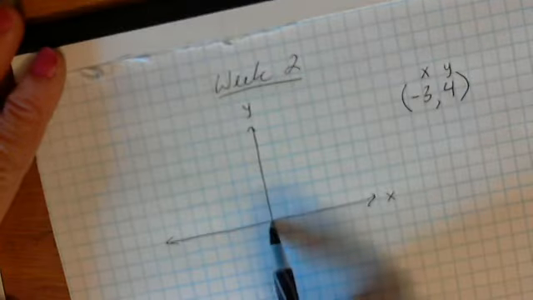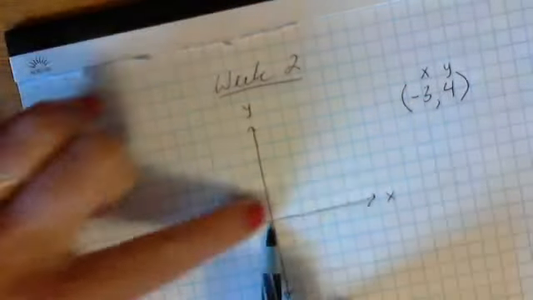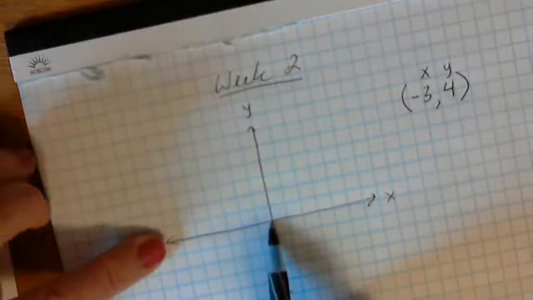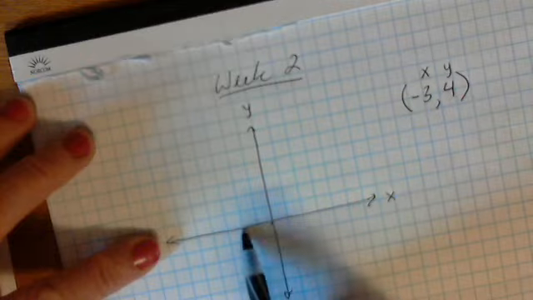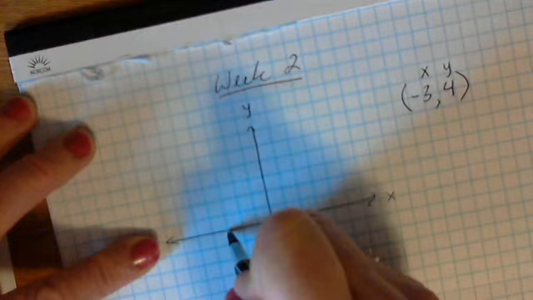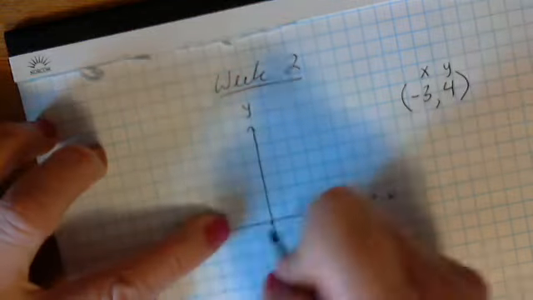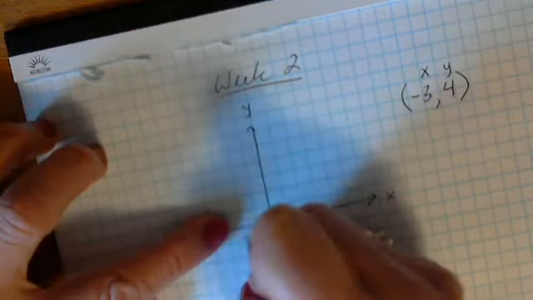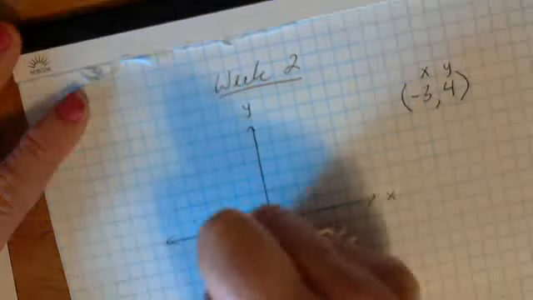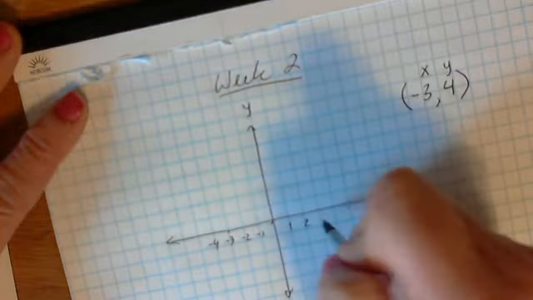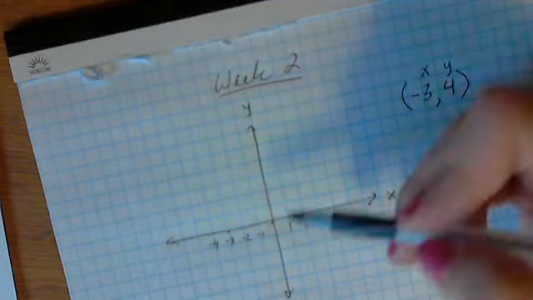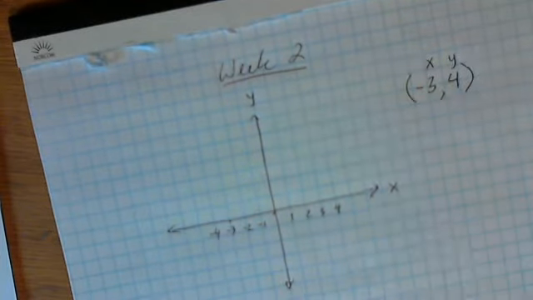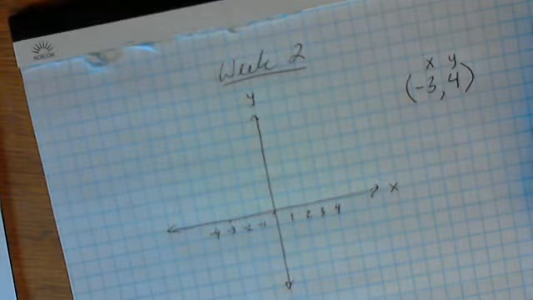Alright, so I start with my pencil at 0, 0, because the x value is -3. Along the x-axis, that's my number line. If I go right, it's positive. If I go left, 1, 2, 3, there's my -3. Now, if you want, you can number these. It's not necessary if you are moving by 1 unit at a time. It's only necessary to label your x and y axis if you're moving by more than 1 unit at a time or less.